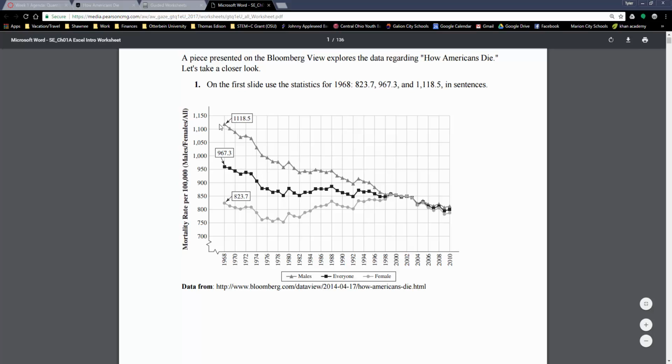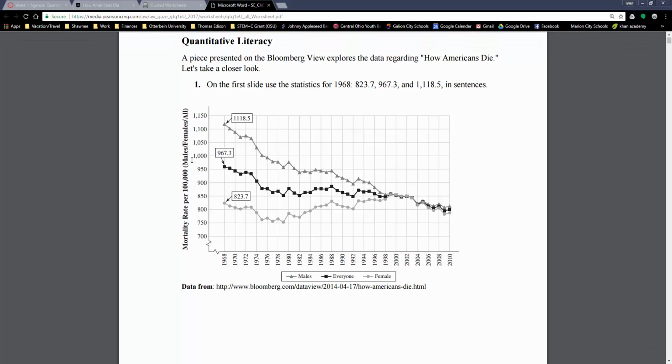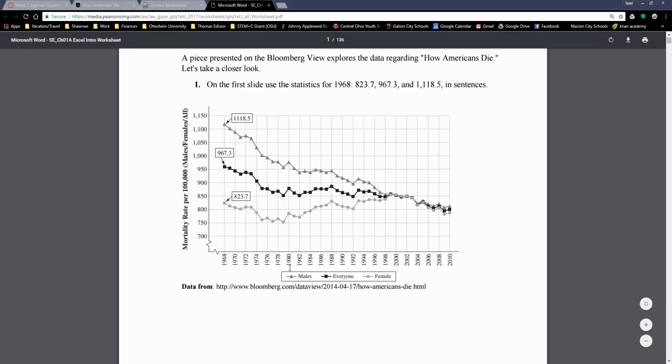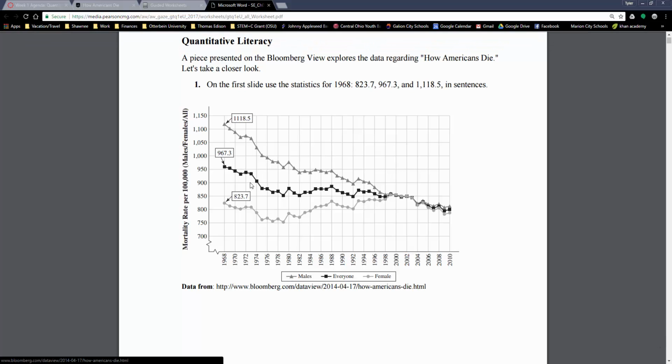These values are on the y-axis, reading as mortality rates per 100,000. It says males, females, all. If we look down here at this legend, this key, the data with the triangles through it are the males, so that's the very top.